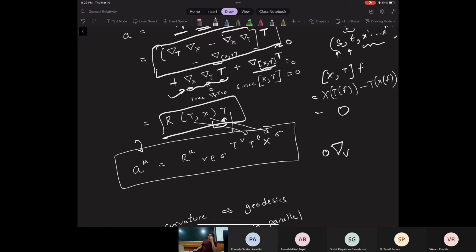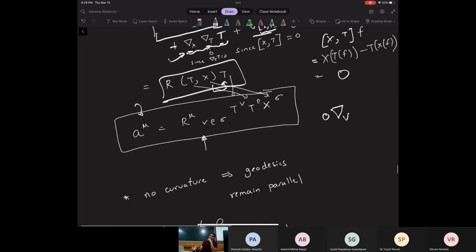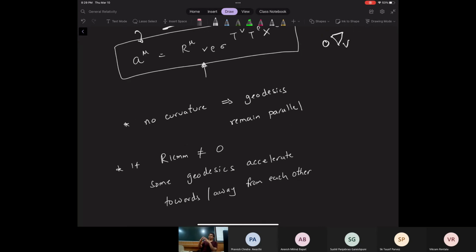So you see that the acceleration between nearby geodesics really depends on the Riemann tensor. If the Riemann tensor is zero, the geodesics don't accelerate away from each other. If the Riemann tensor is zero everywhere in the manifold, there's no curvature, then geodesics don't accelerate away from each other. If the Riemann tensor is non-zero, then the geodesics will accelerate either towards each other or away from each other.